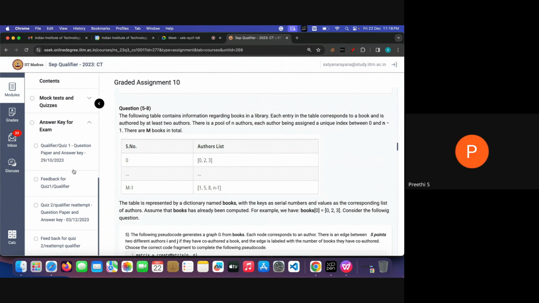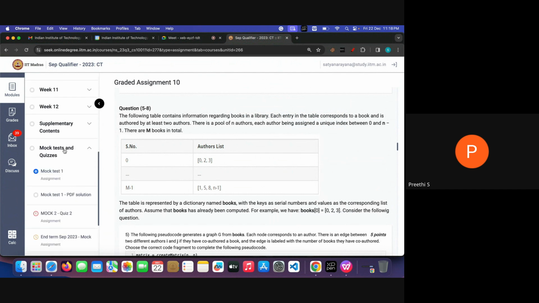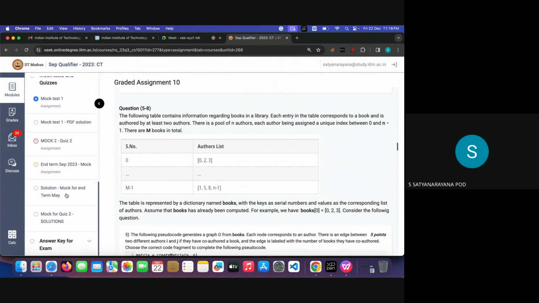It's under mock tests and quiz. The May term solutions are the same as whatever the September term mock test they are using. Please open this PDF. You can find the explanation also.